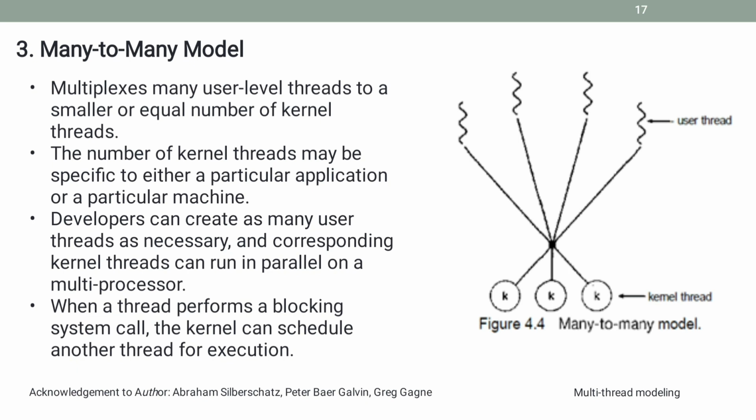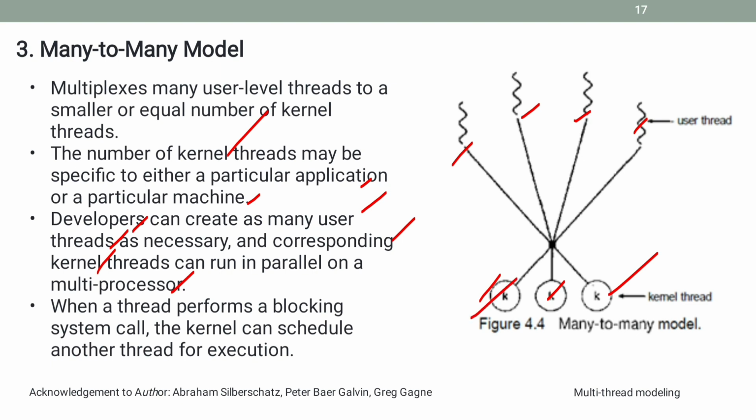Next, the third one is the many-to-many model. That is, many threads are associated with many kernels. Depending on what type of application or what machine is there, the number of kernel threads may be specific. So the developers or programmers can create as many user threads as necessary corresponding to kernel threads. They can run in parallel on a multiprocessor system.